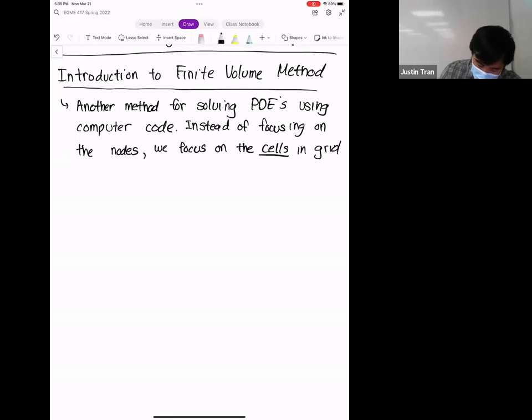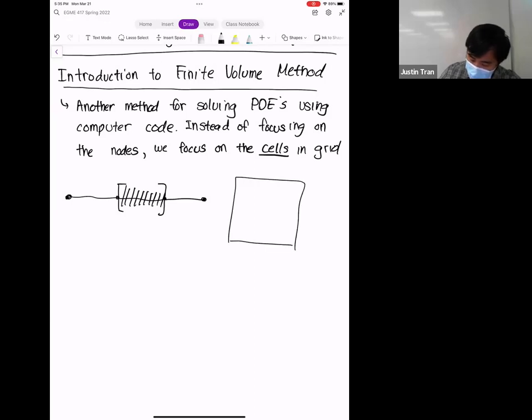In 1D, you would have a grid that looks like this, right? We have our connected line segments. In the finite volume method, we're going to focus our attention on this region over here. Of course, in 2D it's a little bit more obvious. We have our checkerboard pattern here, and we're going to be focusing on the cells inside there.